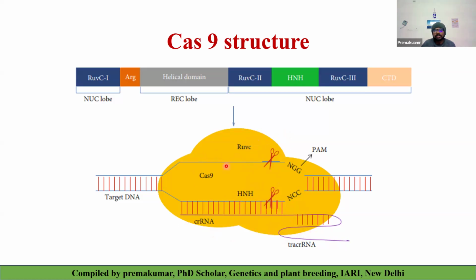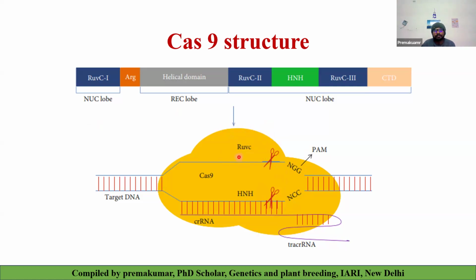The other strand, which is complementary and where your RNA will not bind, is called the non-target strand. The RuvC domain cuts the non-target strand and the HNH domain cuts the target strand. Please remember, it has been asked in many exams like CSIR and GATE.